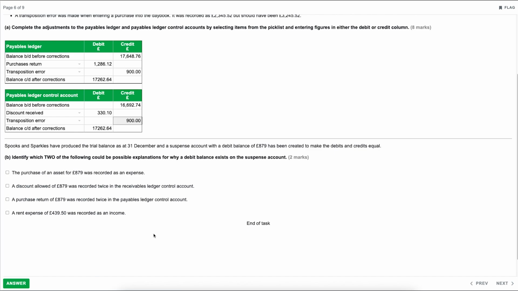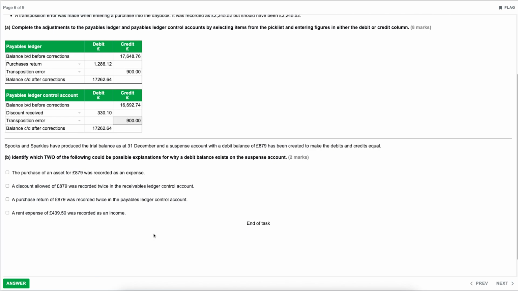So let's think about this. A discounts allowed was recorded twice in the receivables ledger control. Well, a discounts allowed would be recorded on the credit side of your receivables ledger control account. Remember, the entries for a discount allowed are to debit the discounts allowed, credit the receivables ledger control, and debit VAT if there's VAT on it.